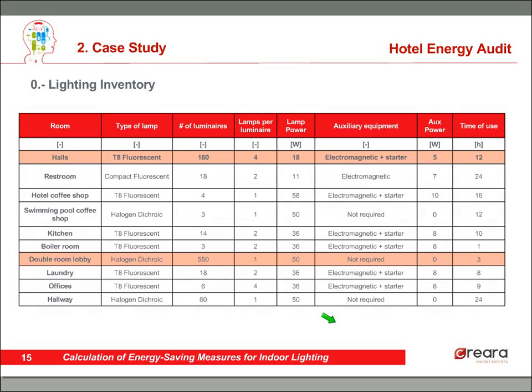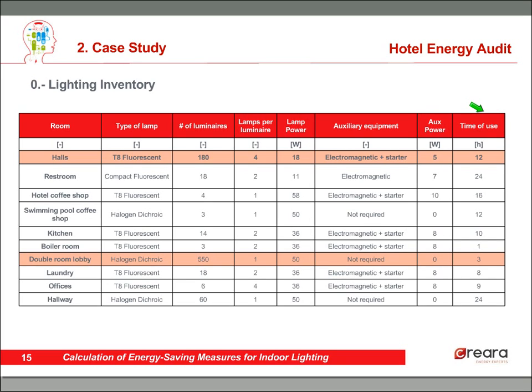And here we have the lighting inventory. When we do a lighting inventory, we have to take at least this data: the room, the type of lamp, the number of luminaires, the number of lamps per luminaire, the lamp power, the auxiliary equipment in every lamp, the auxiliary equipment power, and the time of use.